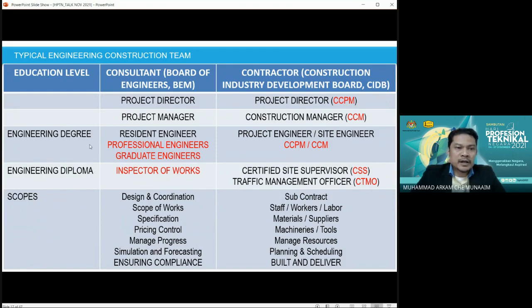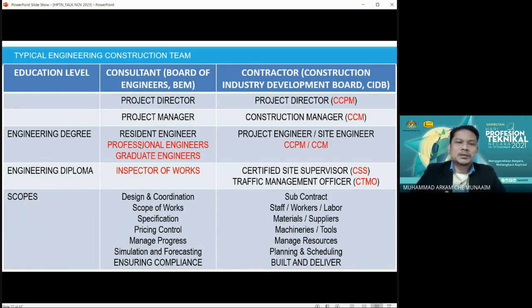Next level is the engineering degree, or engineering technology degree, or even a technology degree related to construction. They can become the resident engineer if they are engineering degree holders, or resident technologists if they are engineering technology holders, or project executive if they come from a non-engineering degree.